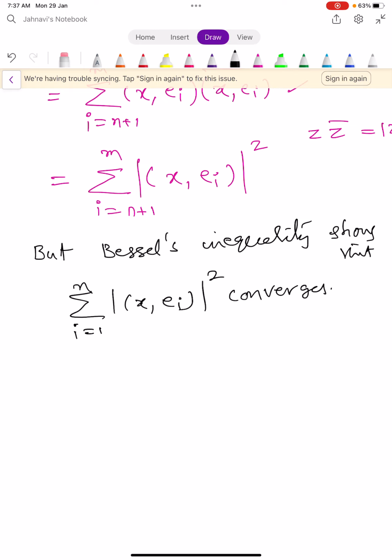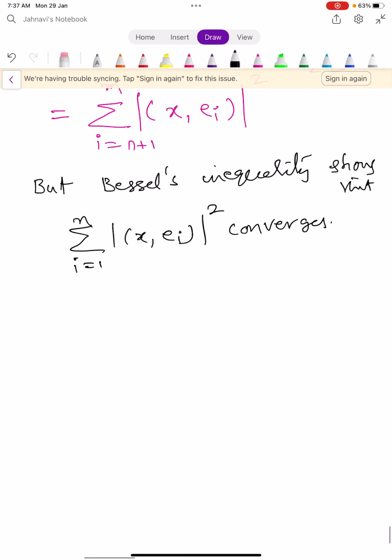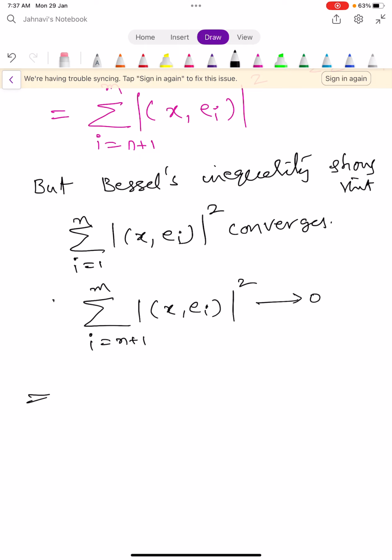If it converges, by applying Bessel's inequality, the summation over i equals n plus 1 to m of mod inner product of x comma ei whole square converges to 0. It means norm Sm minus Sn converges to 0 for large values of m comma n.